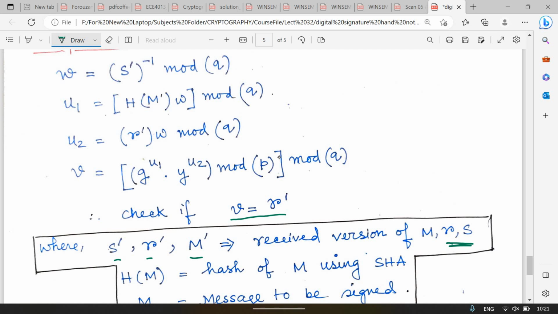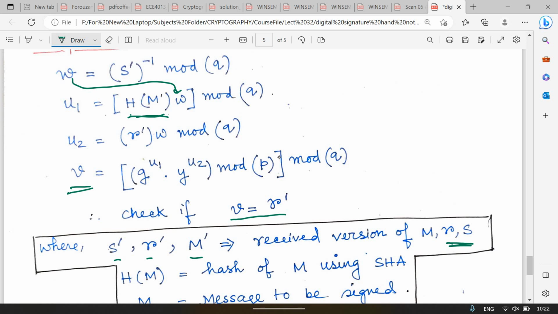It's just some equations where you have to split and get the result. You can see HM, the received hash function, multiplied by W. W comes in here because it's an iterative process. Finally we receive V and compare V with R prime.